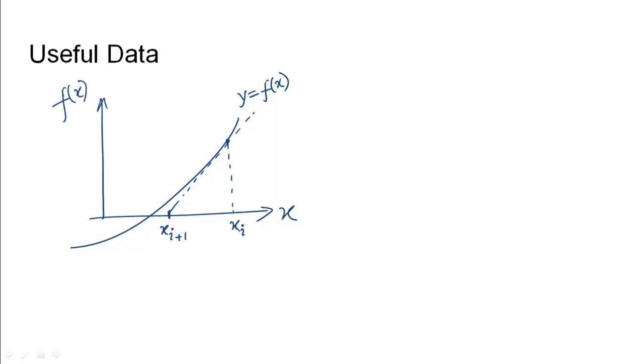In order to find xi plus 1 using the initial estimate of xi, we will use simple coordinate principles. Let us call this angle alpha. So tan alpha would be this distance, let us call it d, divided by this gap, let us call it b.